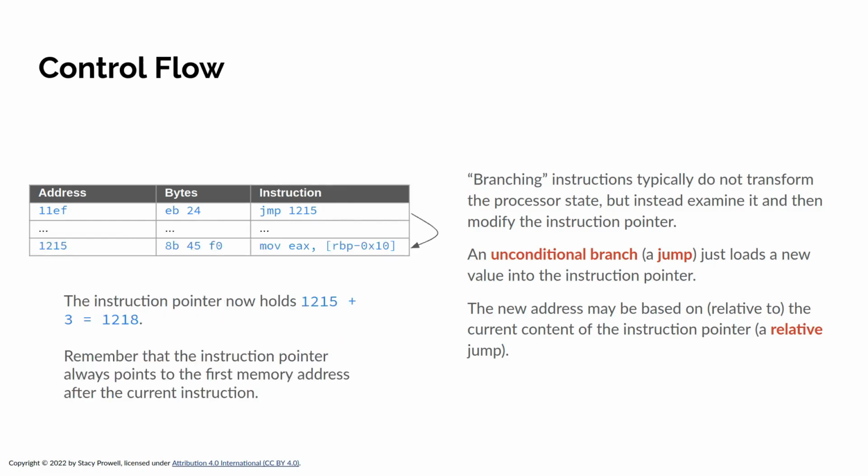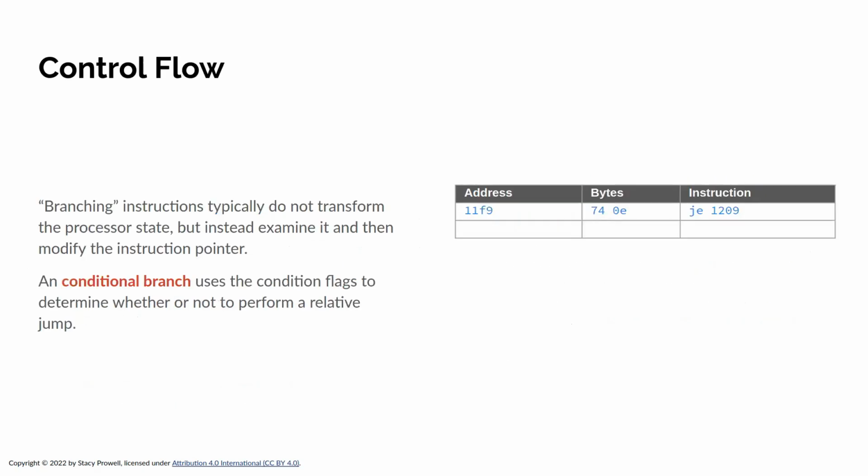All right. So after that, the instruction pointer holds this. And now when this instruction begins to execute, it's going to hold 1215, 16, 17, 18. It's going to hold 1218. Right. Branching instructions typically do not transform the processor state, but instead examine it and modify the instruction pointer only.